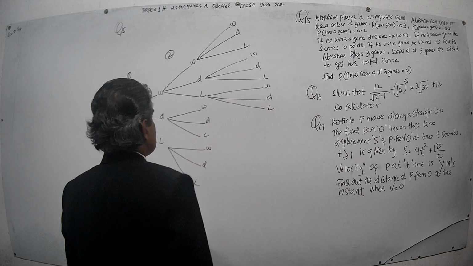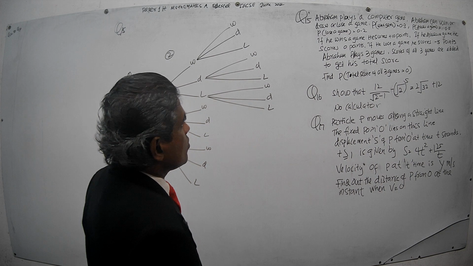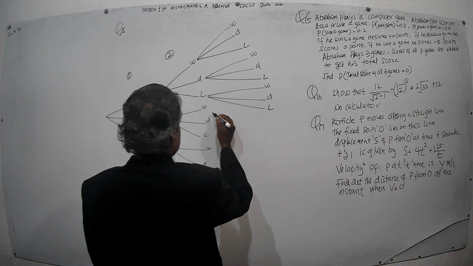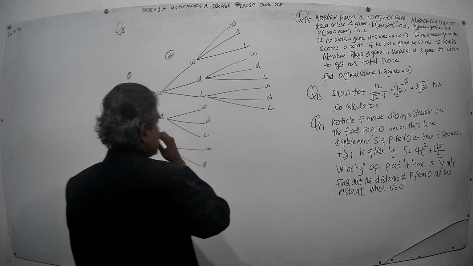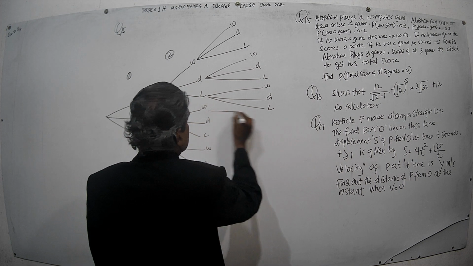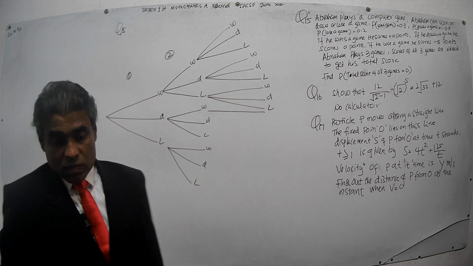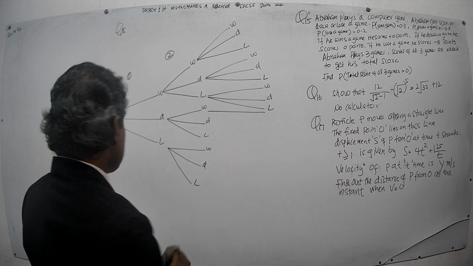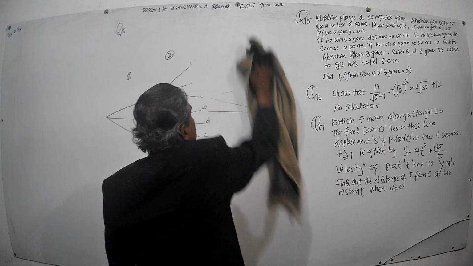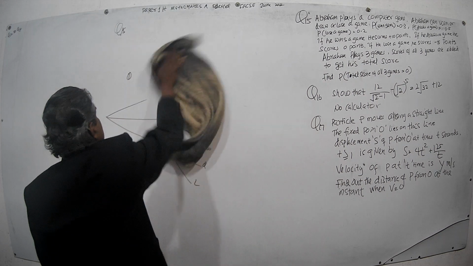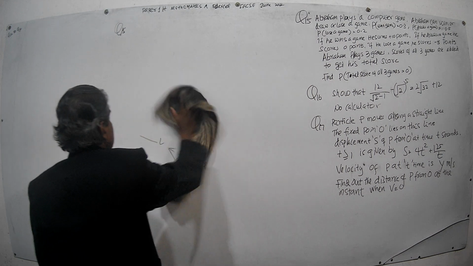Do we need all those things? I think we will get only the relevant branches, because if you are going to draw the whole thing, it will be a distortion.